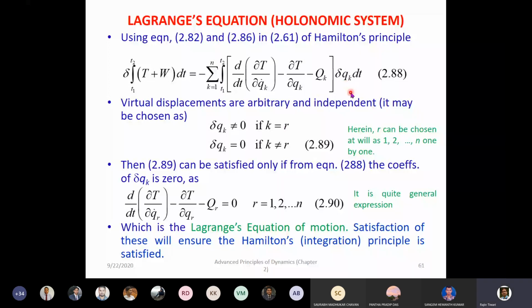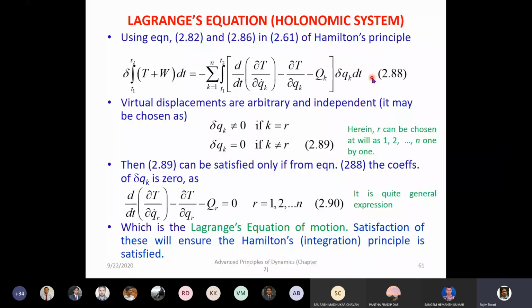Again, these generalized coordinates are independent, and also the variation of the generalized coordinate, as we have defined between T1 and T2, is arbitrary. So we can assign any value to delta qk. That means this particular term is equal to 0, since the Hamilton principle says the variation of this is equal to 0.